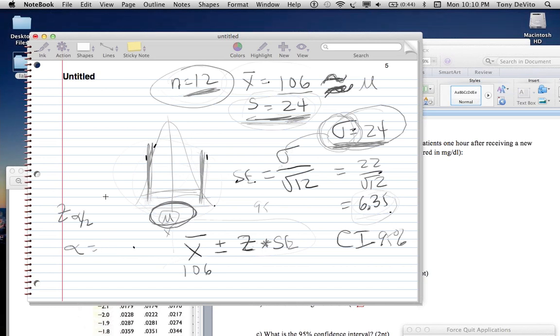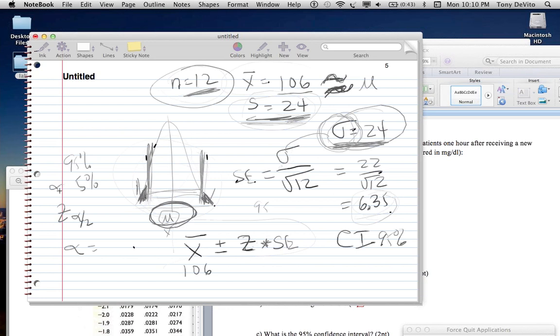If I want 95% certainty that I capture the mean, I'm willing to accept a 5% chance of being wrong. In other words, 2.5% of the time I'll be too low, the mean will actually be lower than I expected, and 2.5% of the time it'll actually be higher than I expected.